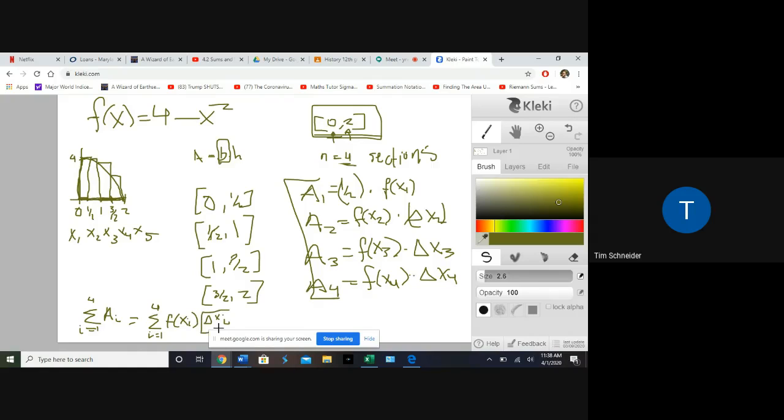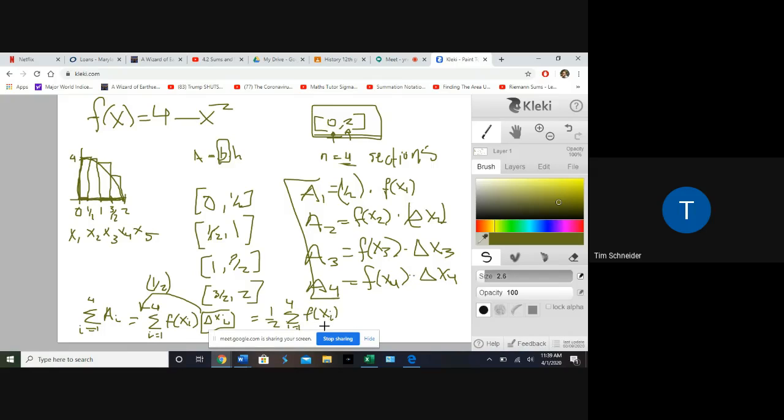But as we just did, all of these are 1/2. The constant 1/2, so that constant can come out front. In other words, we have 1/2 times the sum from i equals 1 to 4 of f of x sub i.